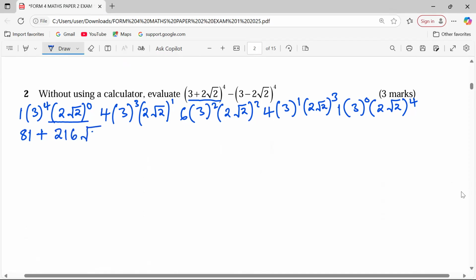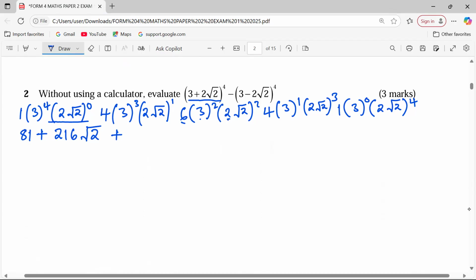And root 2 plus, let's check the third term. We're supposed to be very careful at that point now, because when we talk about this is a 6, then 3 power 2 is 9. Now, I want us to agree that when we raise 2 to power 2, that becomes a 4. And again, the root of 2, when squared, we shall get 2.